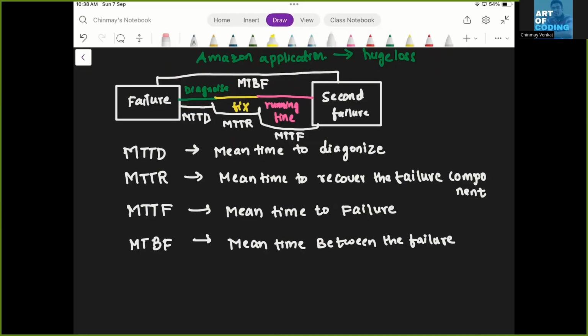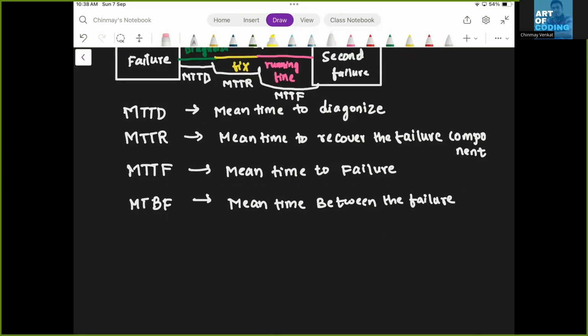Now, how should the availability be measured if the application has failures? How is the availability measured?